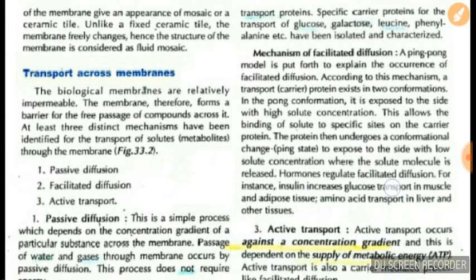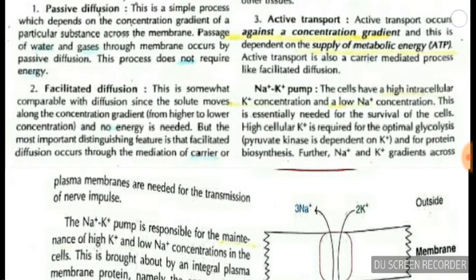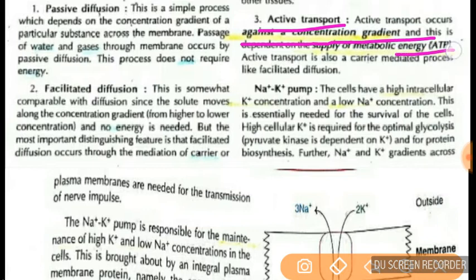And the very important one is active transport, in which molecules move against the concentration gradient, that is, from lower concentration to higher concentration with the use of energy. What is the energy? ATP. And there is the sodium potassium pump, we will study.